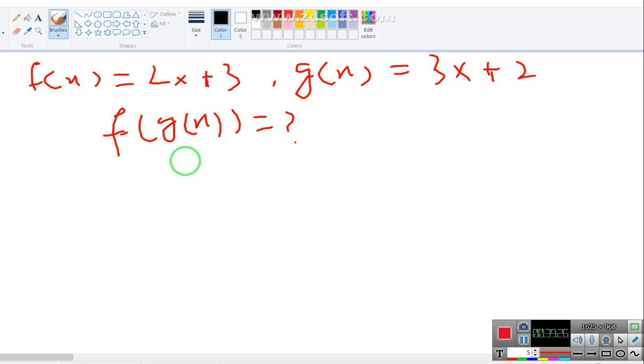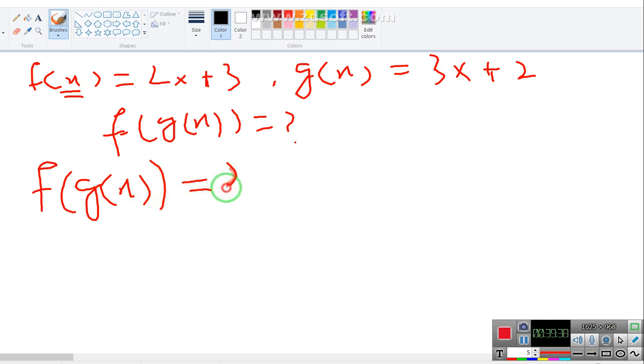It's very simple now. In function f, where you have x, just write g of x. So 2 times g of x plus 3. The 3 doesn't have x, so we just write it as is.